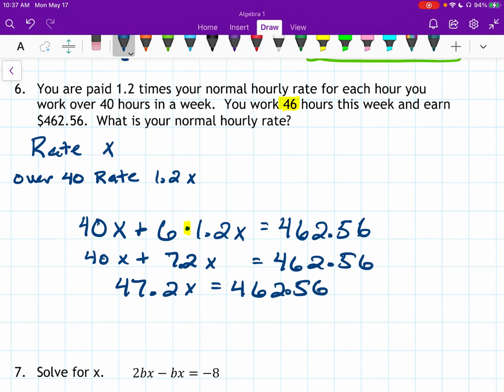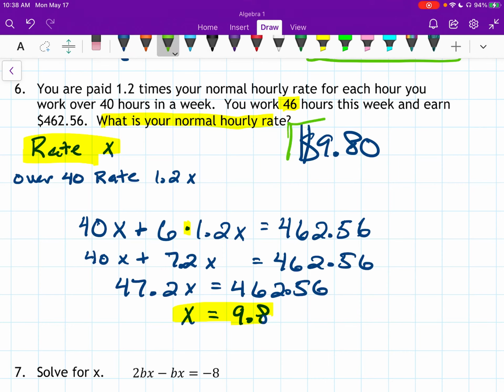And now I'm going to divide 462.56 divided by 47.2. And I got 9.8. So x equals 9.8. So we need to remind ourselves, what did we find there? This is our normal hourly rate, right? Not our overtime, but our normal. And the question asks, what is our normal hourly rate? So we have 9.8, and I'm going to put 9.80 because we're talking about money, dollars. And there we are.